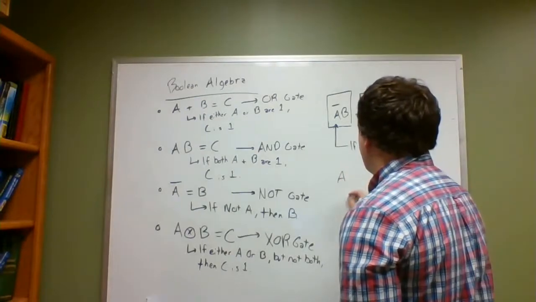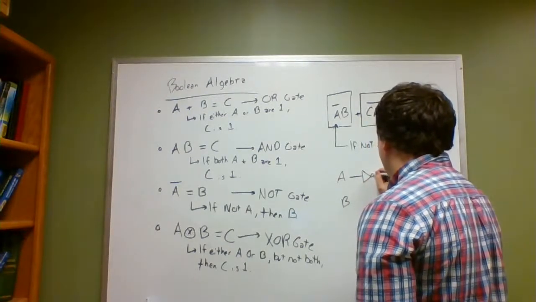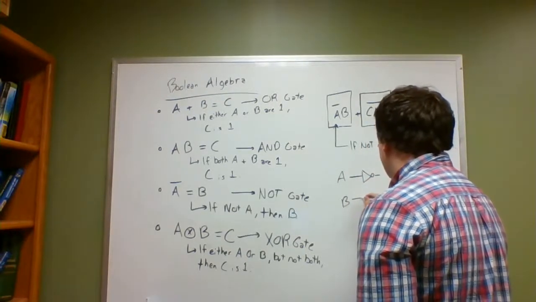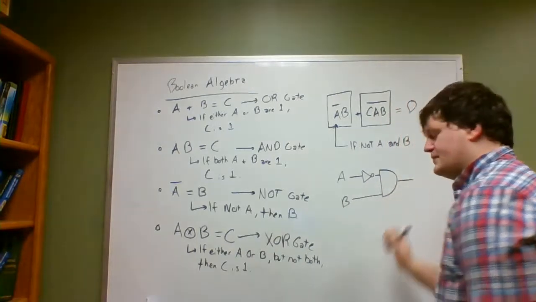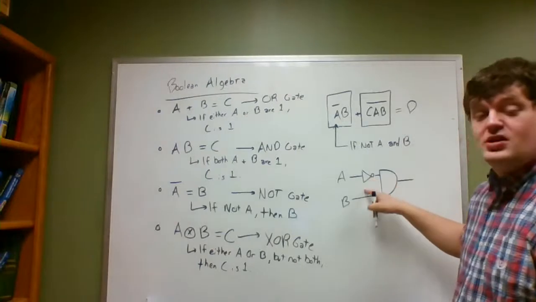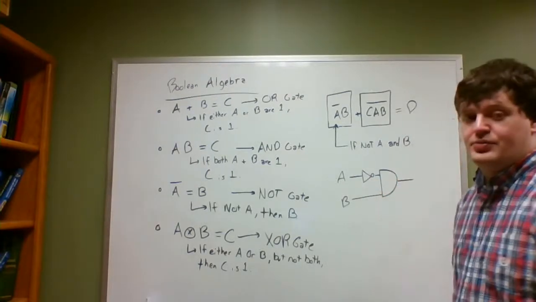So if we were to draw that out, this has a NOT gate on it, this has nothing on it, and this goes into an AND gate. So if not A and B, then output 1.